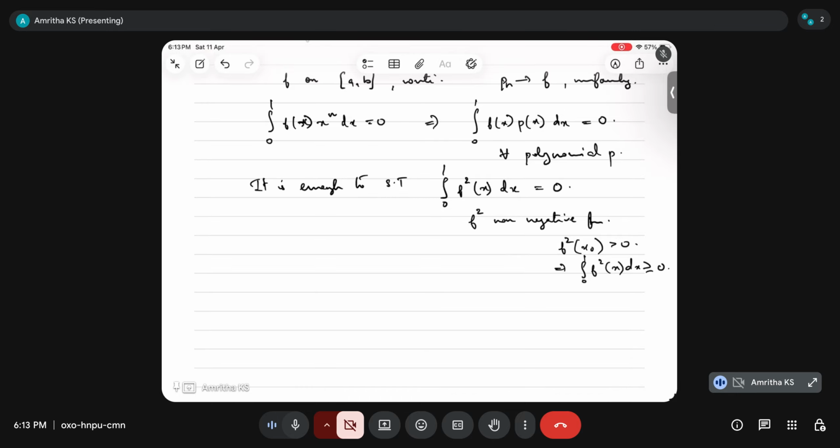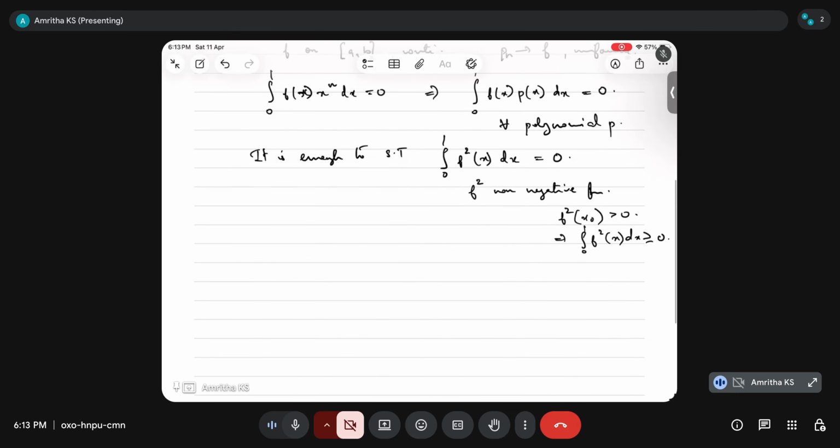So please recall this exercise. This would imply that f(x) is 0 on the whole interval.